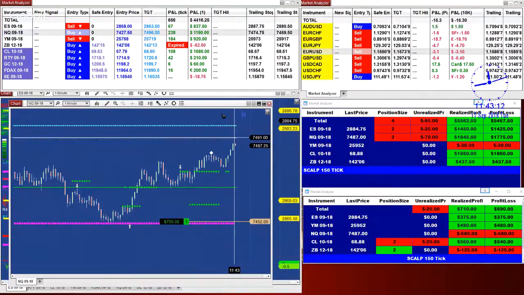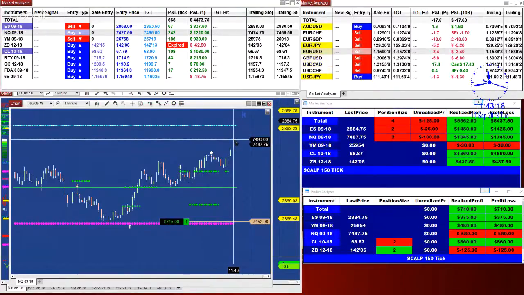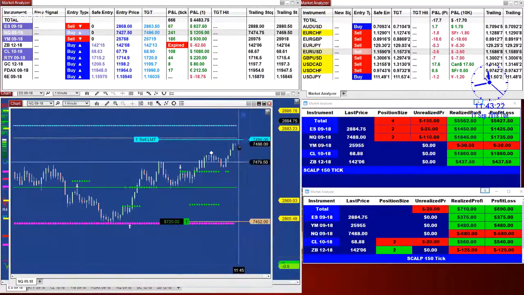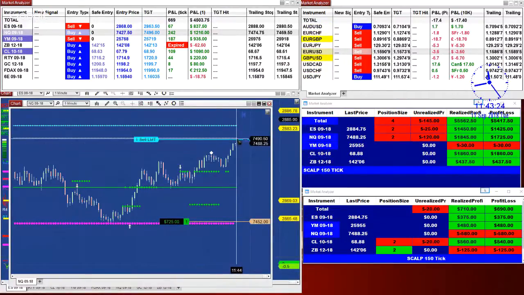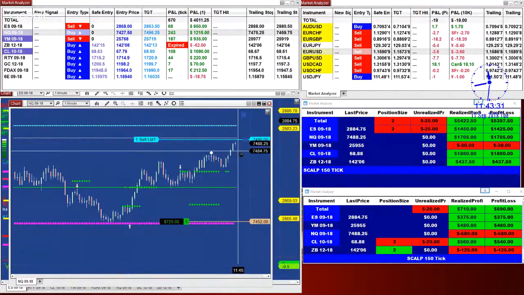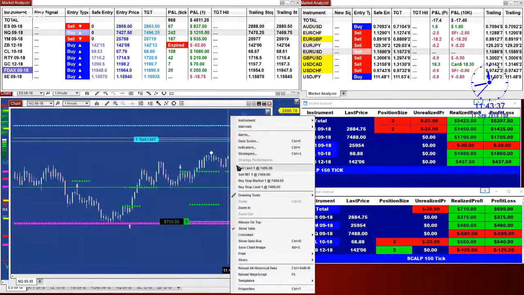Let me see. We have the 96. You can close position here and close position one more time, if NinjaTrader will let me. So it's close position, open position.